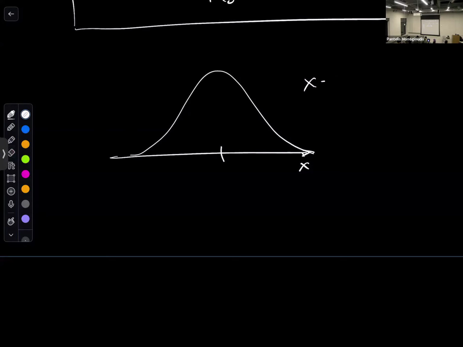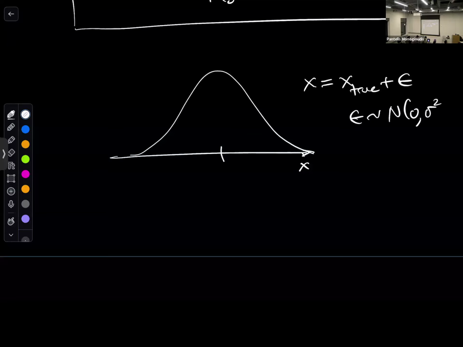X is equal to X true plus epsilon. But epsilon is normal with zero mean and some standard deviation. This is what you read.